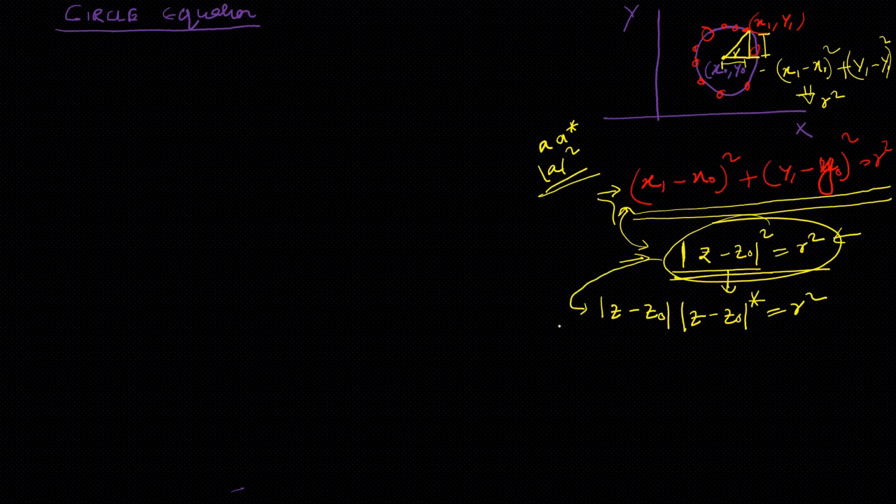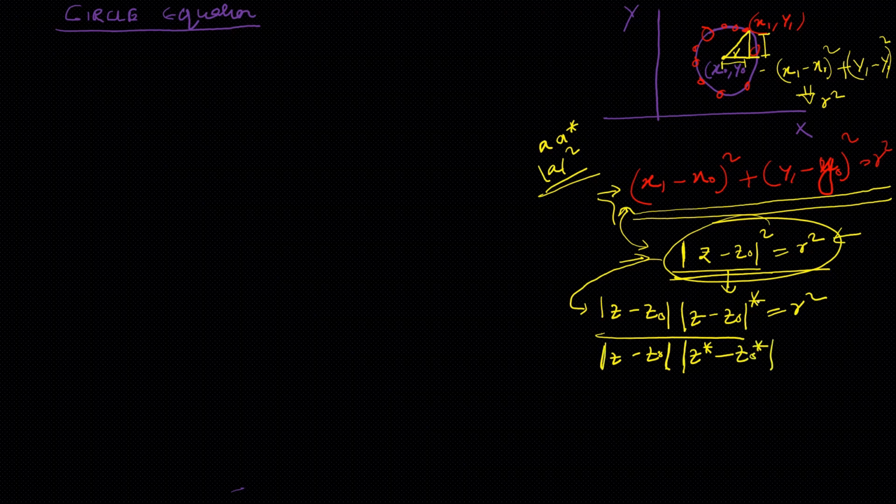So I am doing nothing wrong here. And if I expand it further, then it will be z mod whole square minus z naught z star minus z naught star z, right?